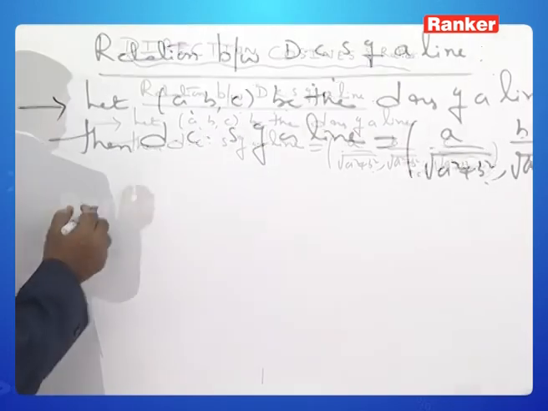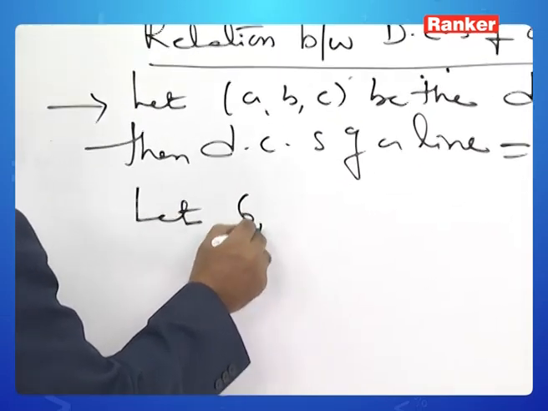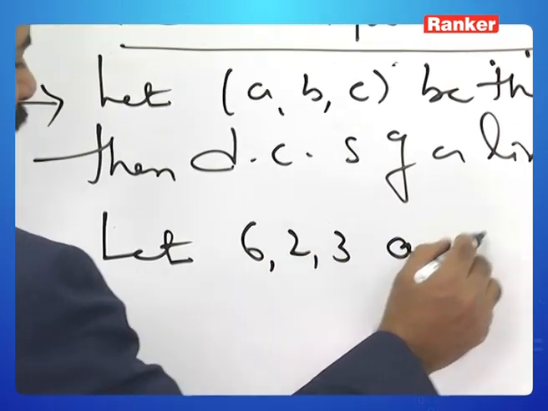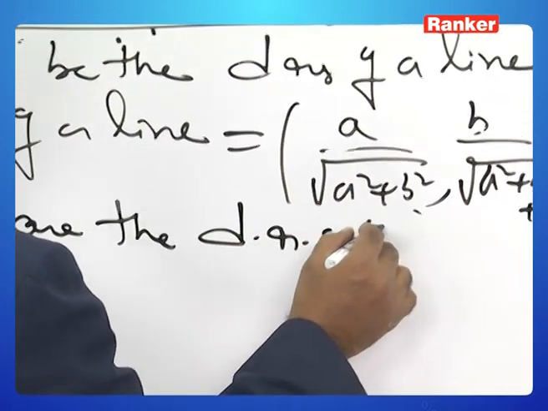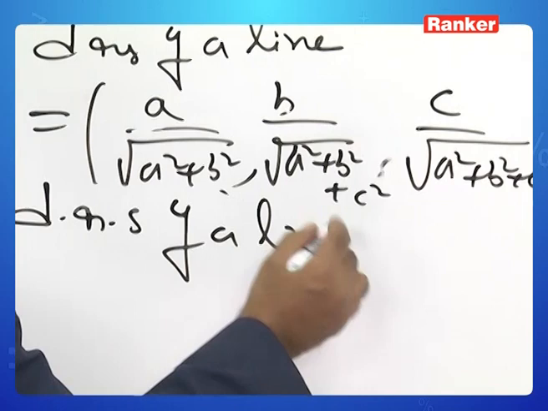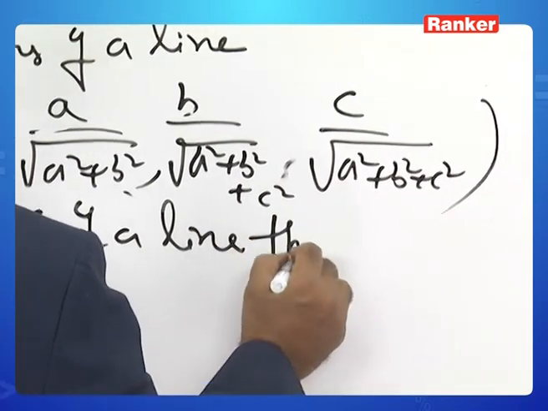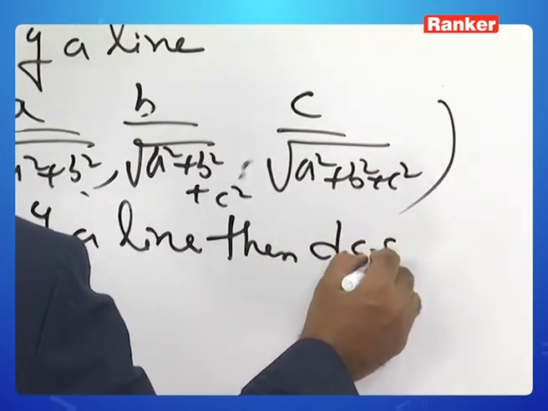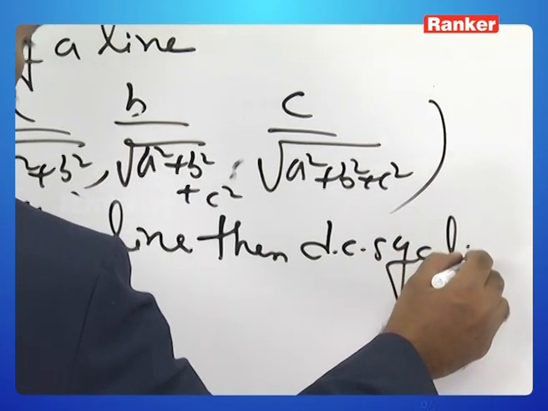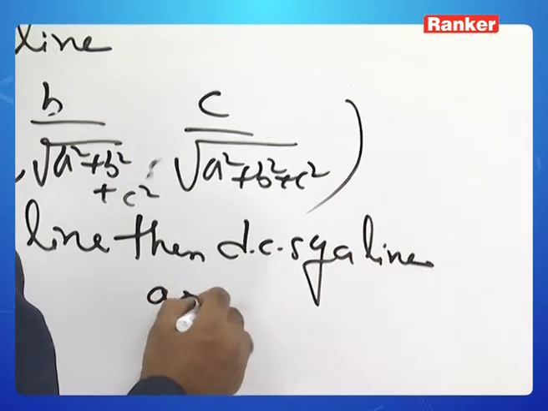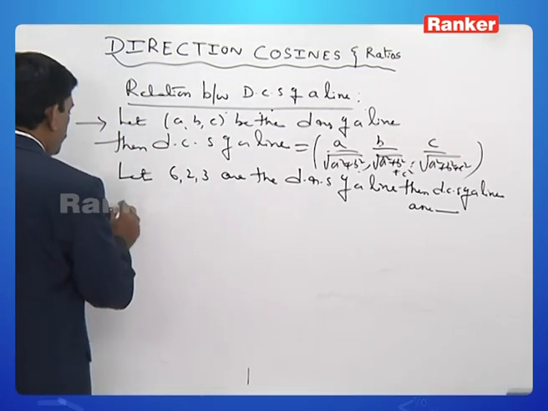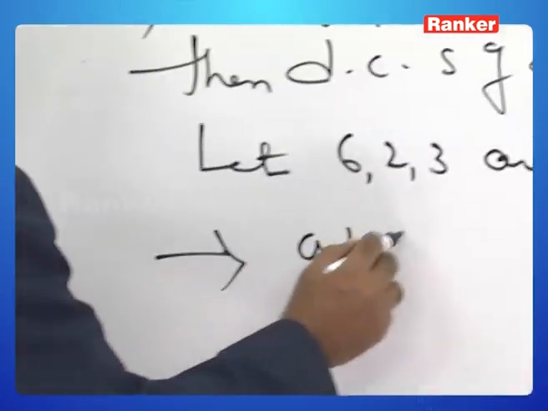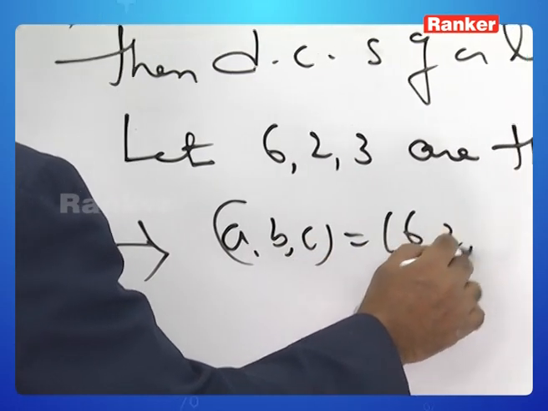For example, let 6, 2, 3 be the DRs of a line, then find the DCs of the line. So now let us take A, B, C is equal to 6, 2, 3.